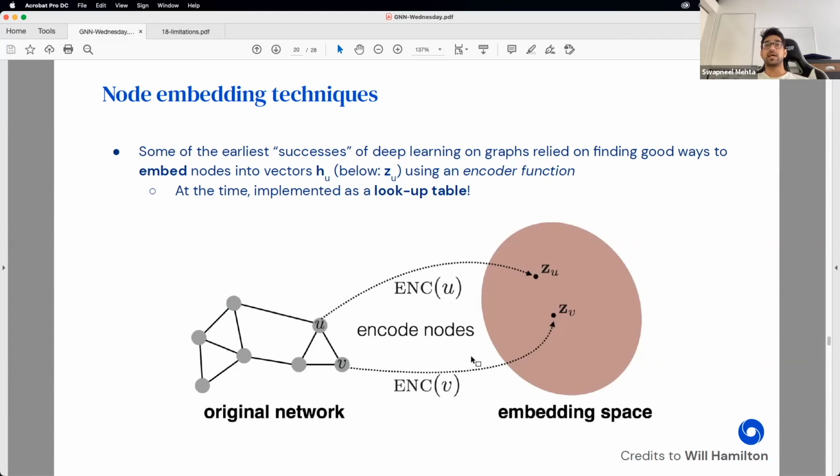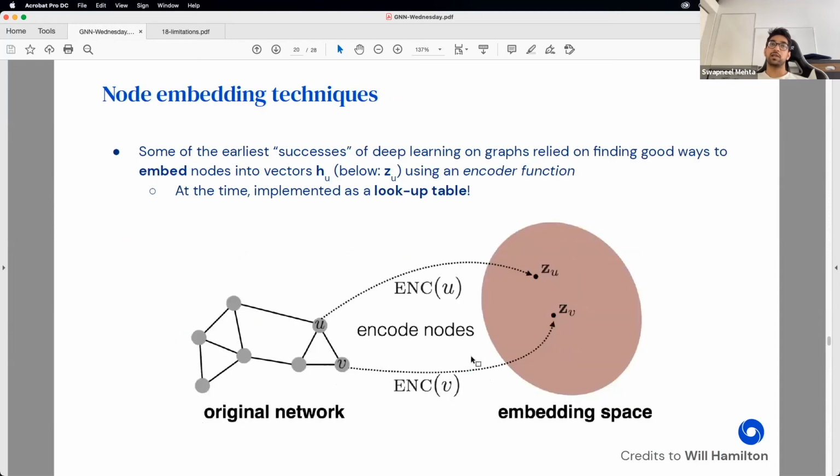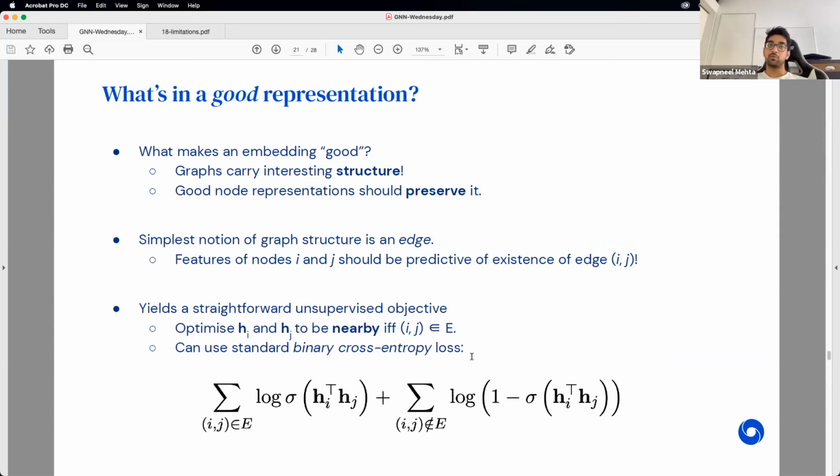At the time, it was as simple as a lookup table, a fixed flat embedding for the nodes. And then people started thinking, what do you mean by a good Z? Well, a good Z means if there is an edge between two nodes, then you want their latent states, your Z or your H, to be close by.